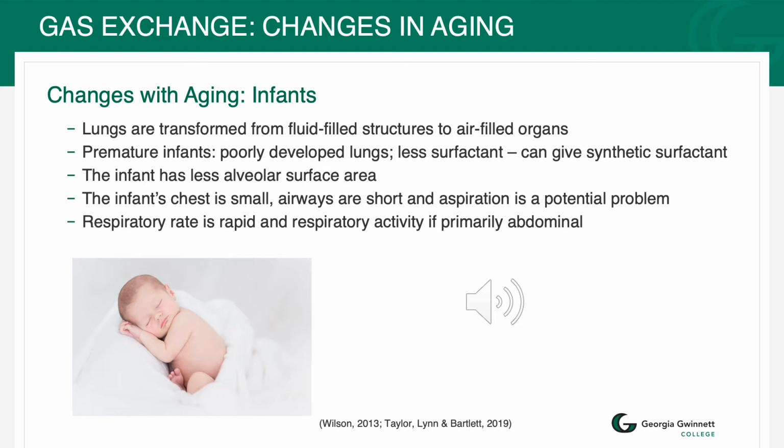They have less alveolar surface area. Remember, we talked about what a large surface area a typical adult alveoli capillary membrane has. In infants, there's less, so sometimes there can be less gas exchange or more inefficient gas exchange. Infants' chests are pretty small, their airways are short, and therefore aspiration can be a problem. With infants, you will see on their vital signs that their respiratory rate is more rapid than an adult's.